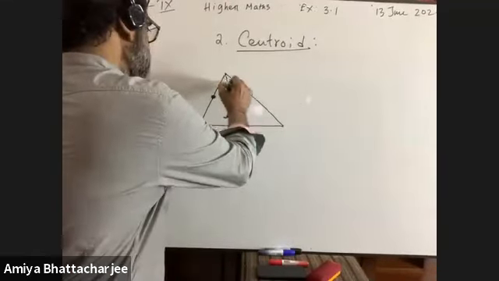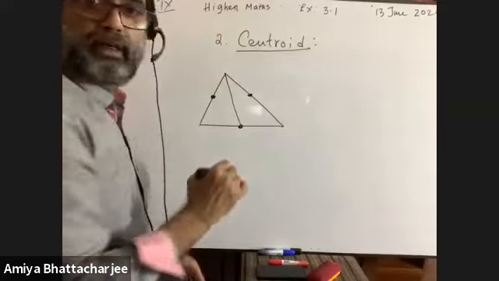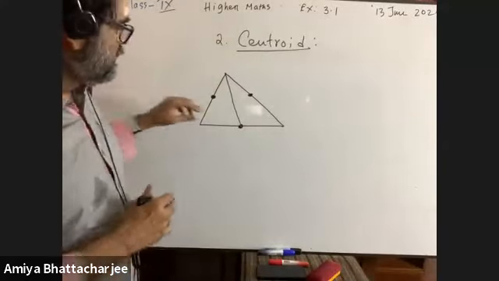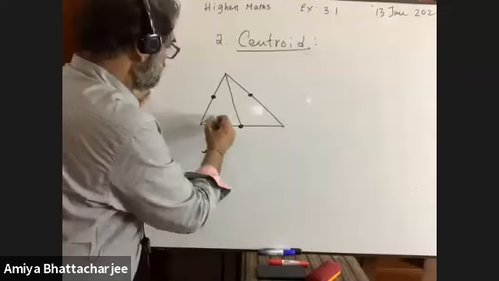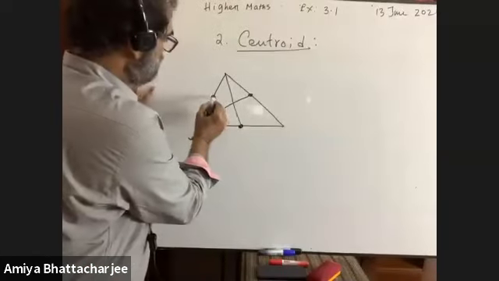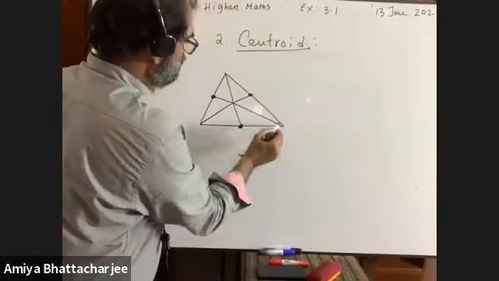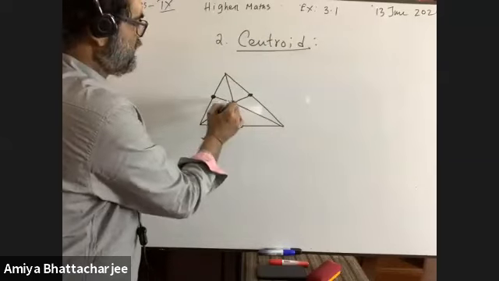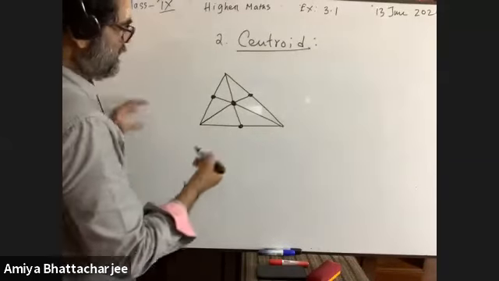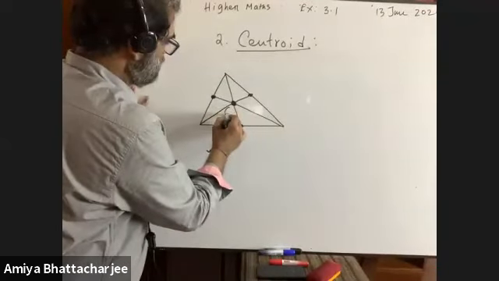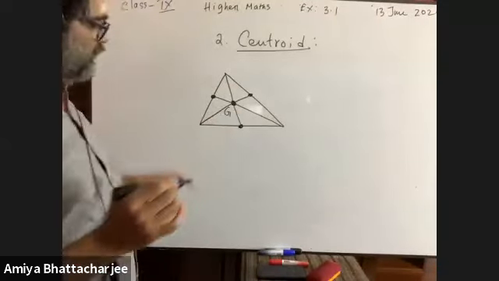So if we join this, what is the name of this straight line? Can you tell me? Median. Yes, if we draw a straight line like this, it is a median. So what is the centroid? This point is known as the centroid, which is normally denoted by Z for centroid.